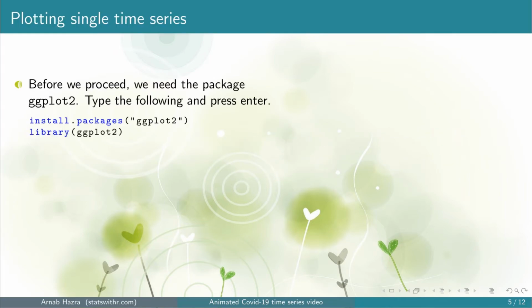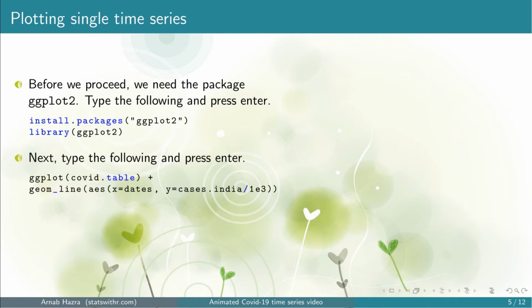Before we begin, we need the package ggplot2. We install it and call into R using the functions install.packages and library. Now we are ready to create the ggplot. In the console window, type ggplot(covid.table), the final data frame within brackets, plus geom_line with aesthetics x equals dates and y equals cases.india divided by 1000.